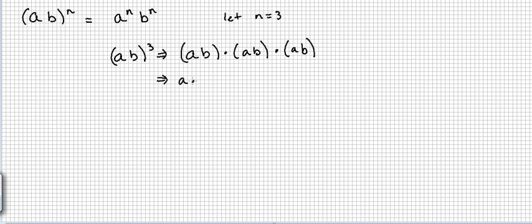We'll have a times b times a times b, and we can keep all our a's in front and then rearrange our b's behind here, and now we just count our index. 1, 2, 3. 1, 2, 3. So we're going to end up with our final answer, a to the 3rd, b to the 3rd.